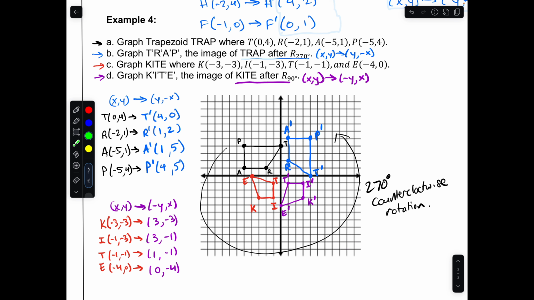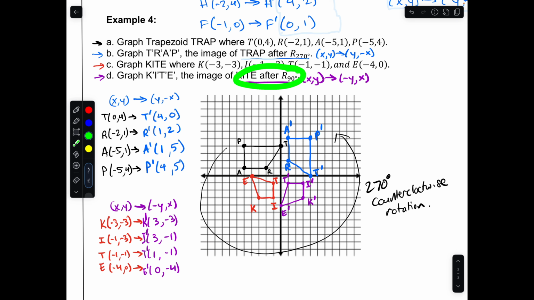And then K prime, I prime, T prime, and E prime, I should write them here too. They are the coordinates that we get after using this rule.